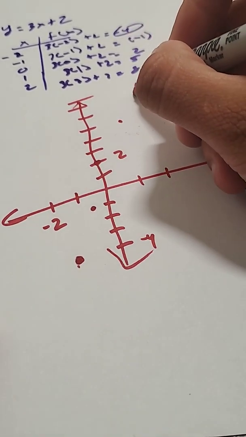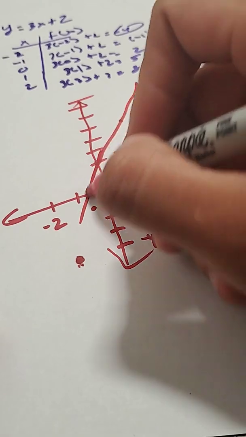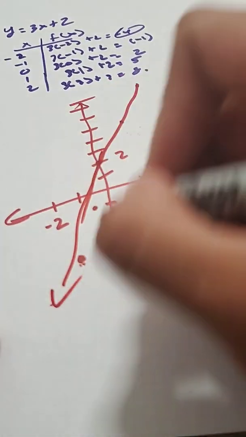And you just connect the points. It's not perfect. It's better if you have graph paper, but pretty much it should be a straight line.